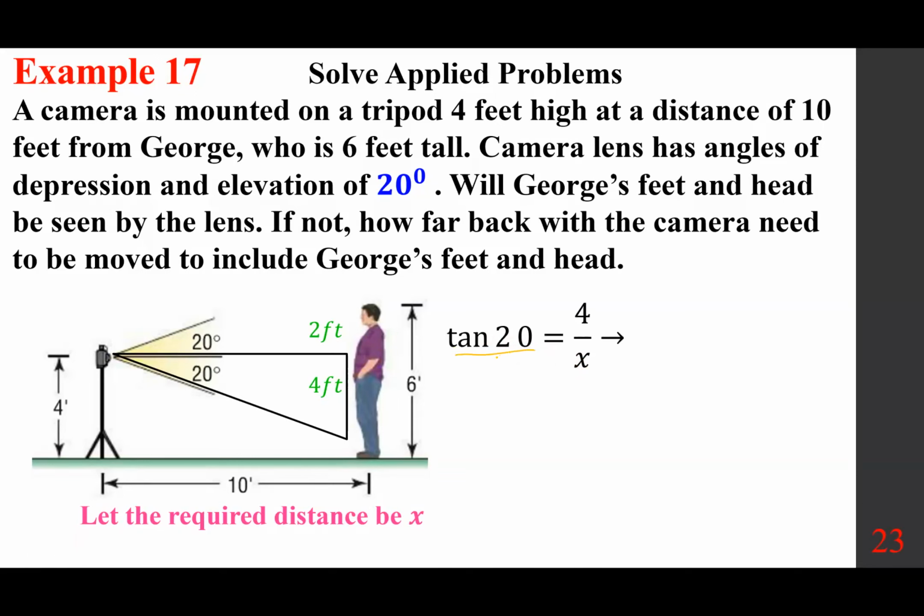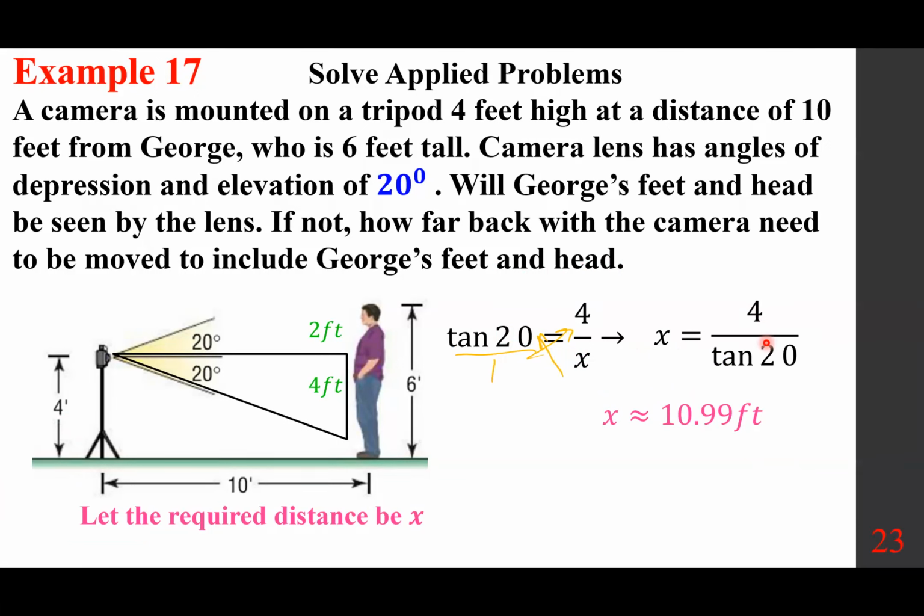This is over 1, their cross product. So it's the same as saying X. This is from basic algebra. You can interchange those two. X is 4 over tan of 20. And of course, you put it into a calculator, you get 10.99, but 11 feet.